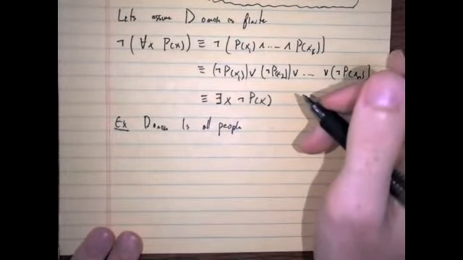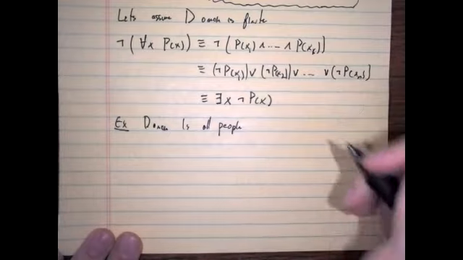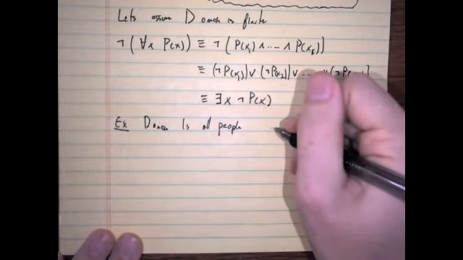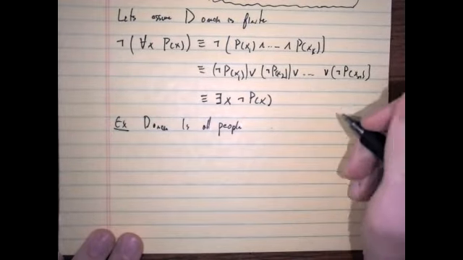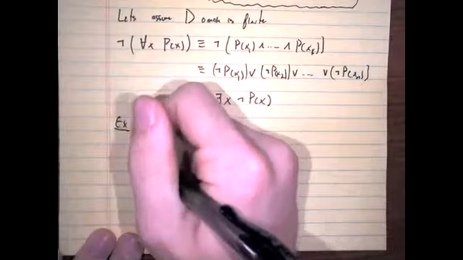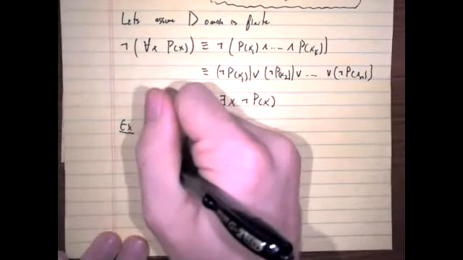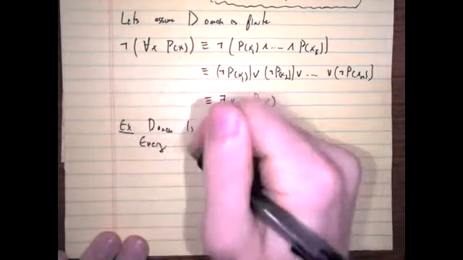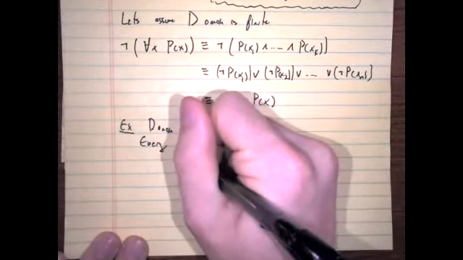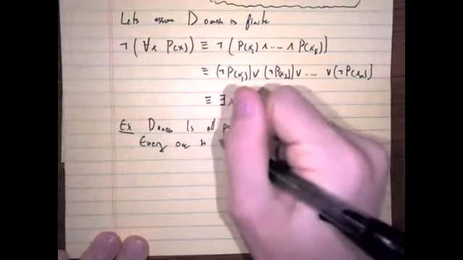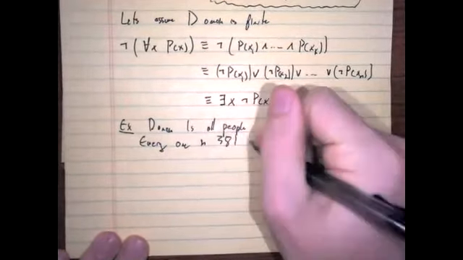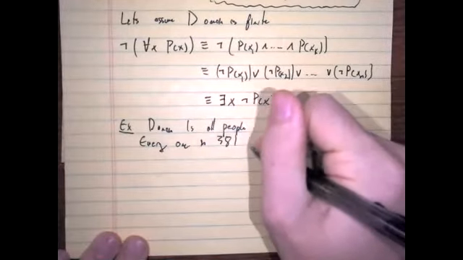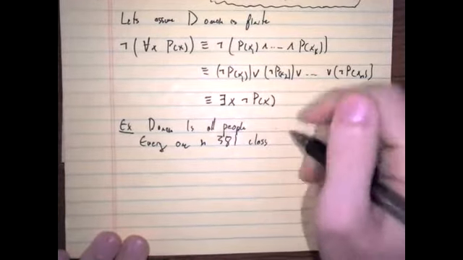We should just assign different propositions as they come up. So let's try to write out the following. Everyone in this 381 class has a cell phone.